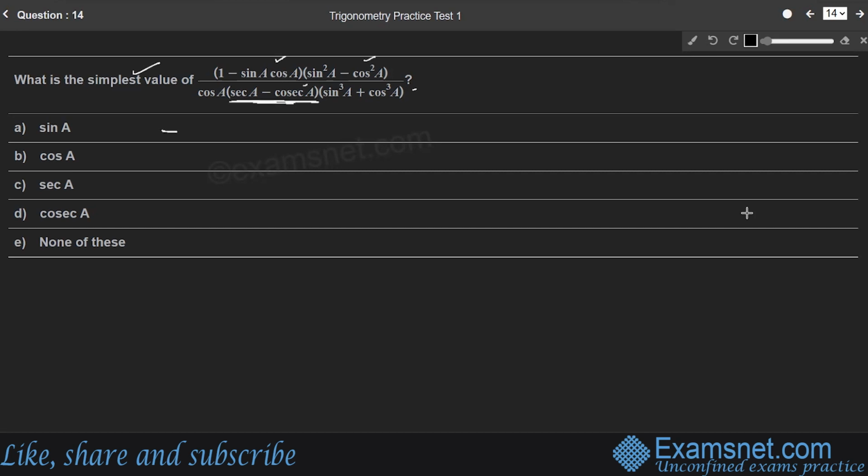So the given expression is equal to, we'll leave the first part as it is, 1 minus sin A into cos A as it is.